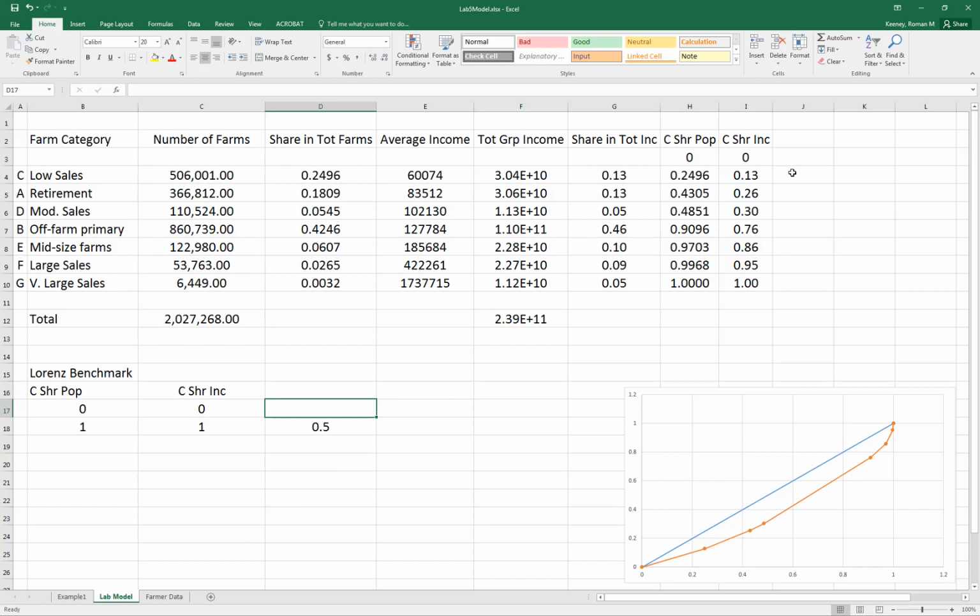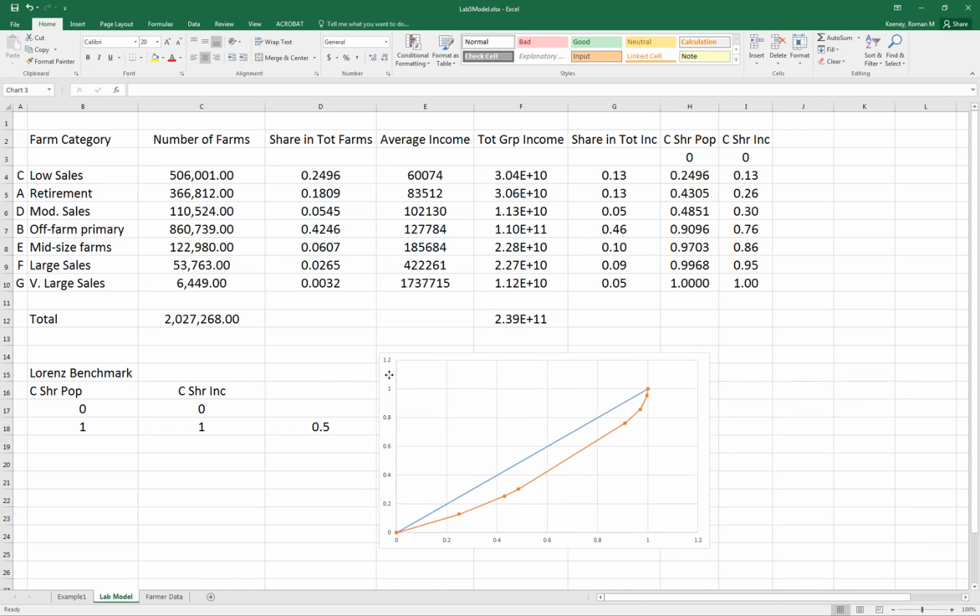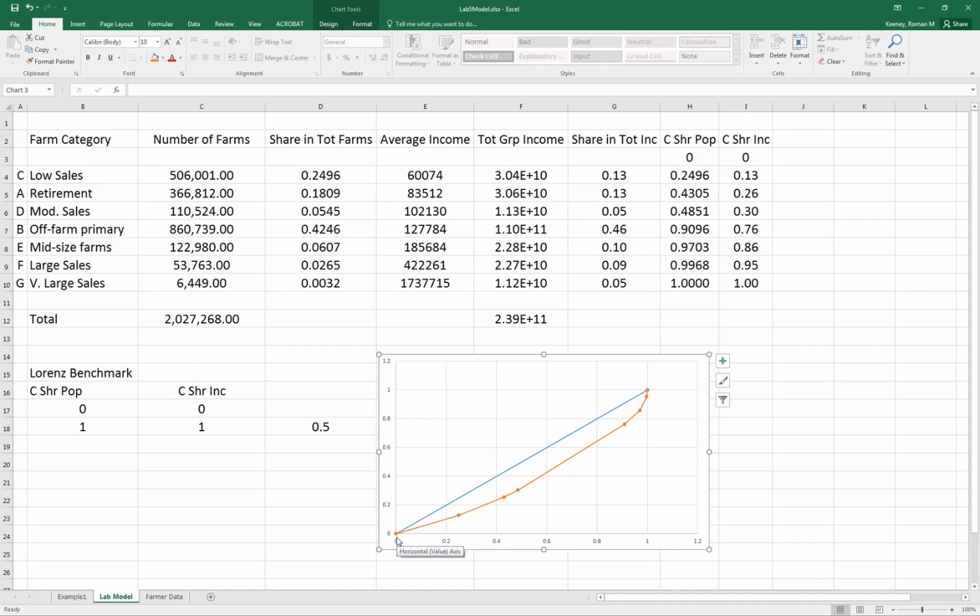And so now we need to figure out how to get the individual pieces. For the first piece here under the orange line, it actually is a triangle, but we'll make the formula look the way it's supposed to. It's going to go from this dot to this dot, so this point right here is the cumulative share in the population minus this one.